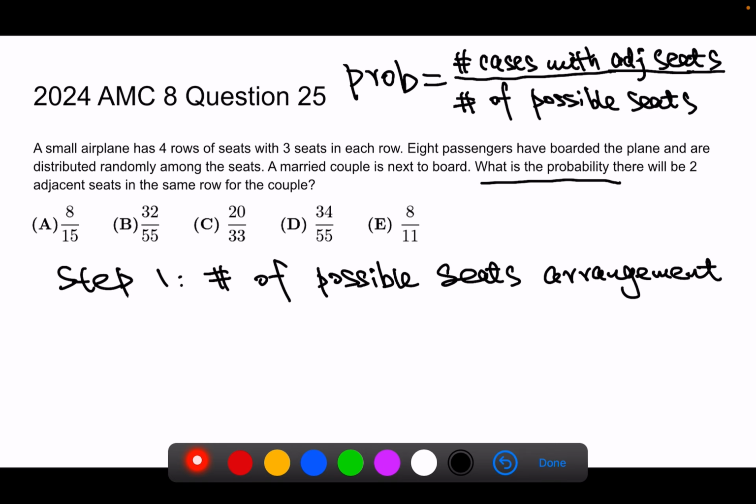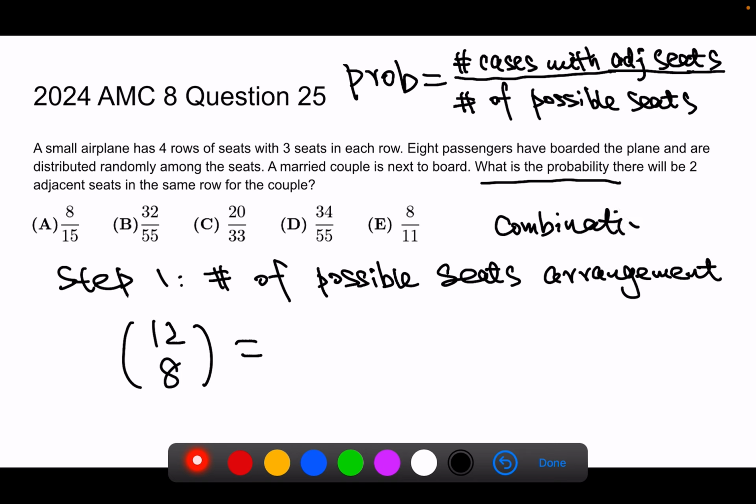How many ways can I choose 8 seats out of the 12? So for this one, the answer is going to be 12 choose 8. It's a typical combination question.